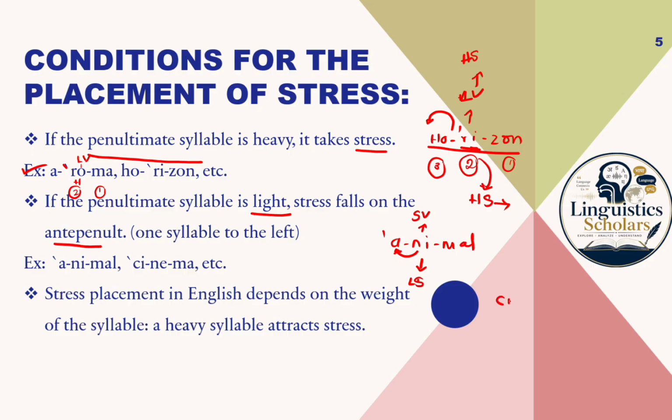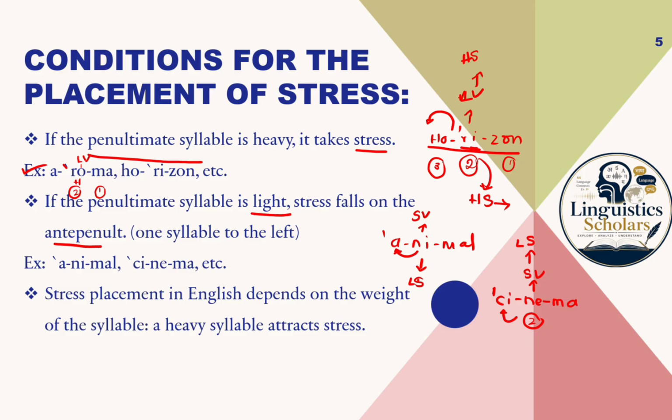You can also look at the word cinema. In the second syllable, which is the penultimate syllable, there is a short vowel, so it is a light syllable. As a result, the stress moves one syllable before the penultimate syllable and falls on the antepenultimate syllable, that is the first.